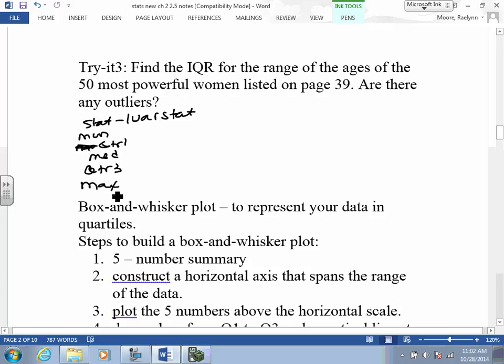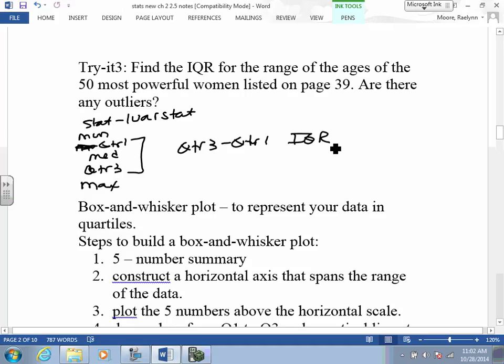Okay, then what? Pick all the numbers. Then subtract quartile 3 minus quartile 1. This gives us our IQR.